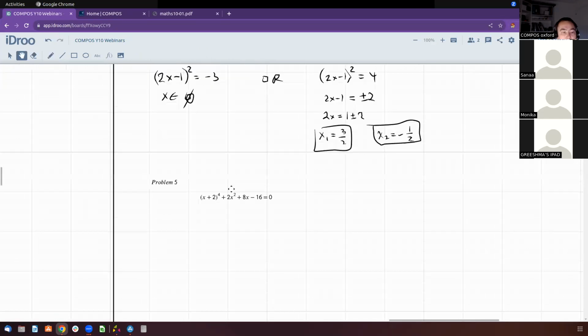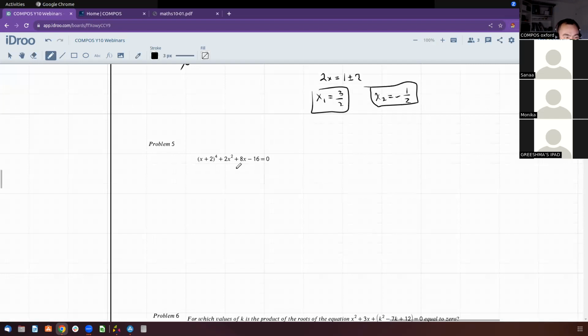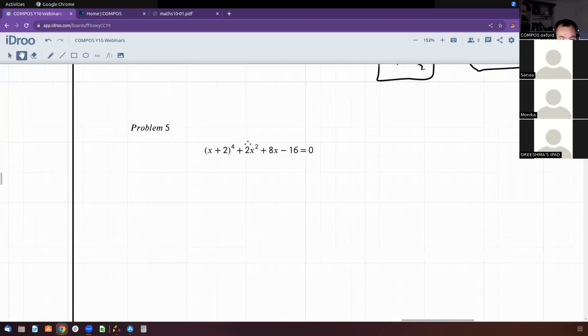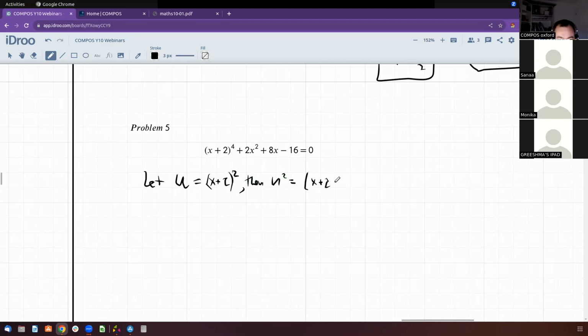Okay. Here it looks very similar to problem 4, but it's not clear. Well, obviously you can say u is x plus 2 squared, and then u squared is x plus 2 to the power 4.